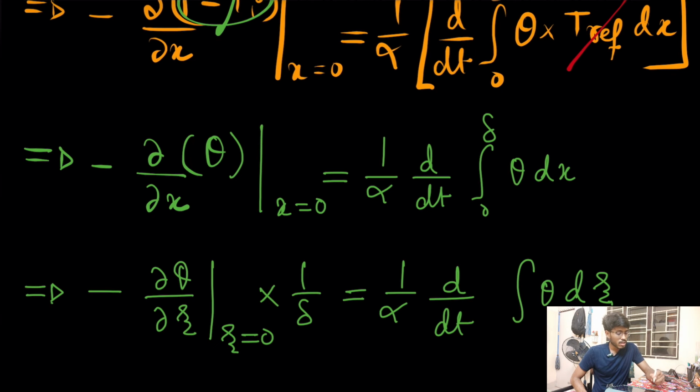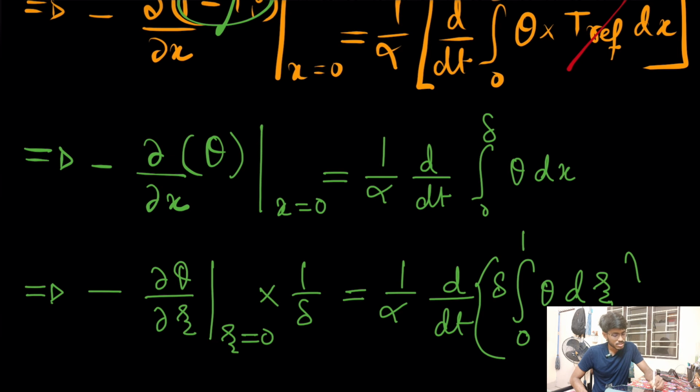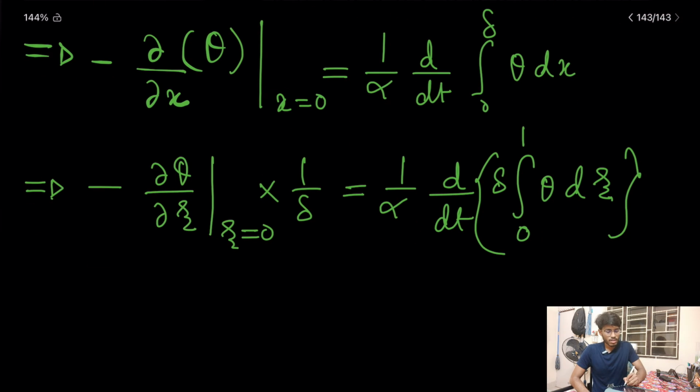Now delta is not a function of xi or x, so you can take it out, but then this limit will be this. Have you understood? That is, what I have done is this x is equal to xi into delta, but delta is not a function of x, so then I can take it out, okay. So it has become like this, okay.